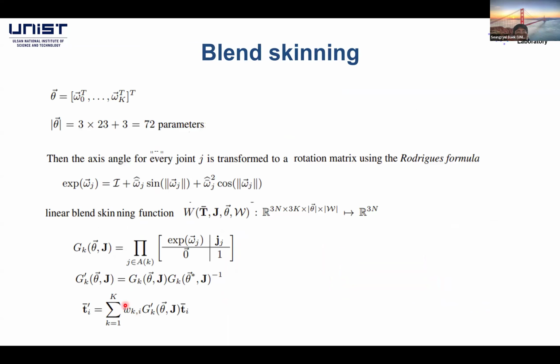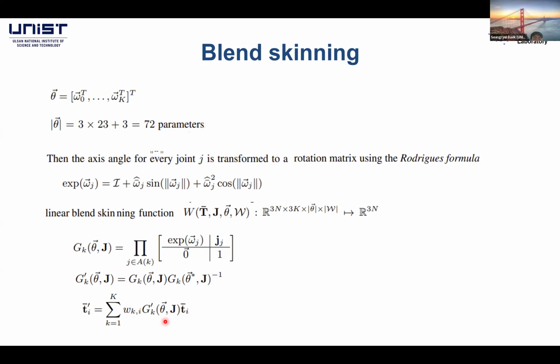So this W K i is the entry of that blend weight W. Okay, and G of K is the transformation matrix of each part. And T i means each vertex on the SMPL. So by multiplying these three, where G of K is the transformation matrix for each of the 23 parts, we know the relationship between part and SMPL vertex by using this blend weight, and this T i is the vertex in SMPL.